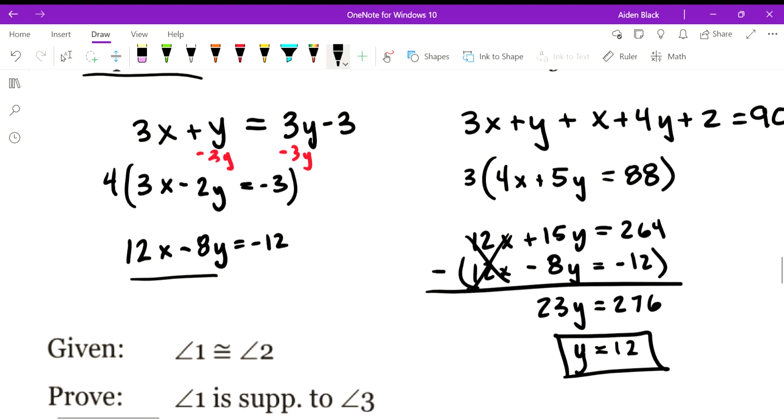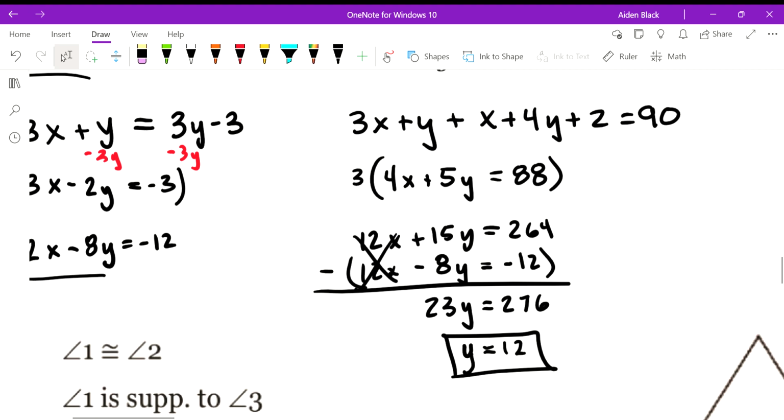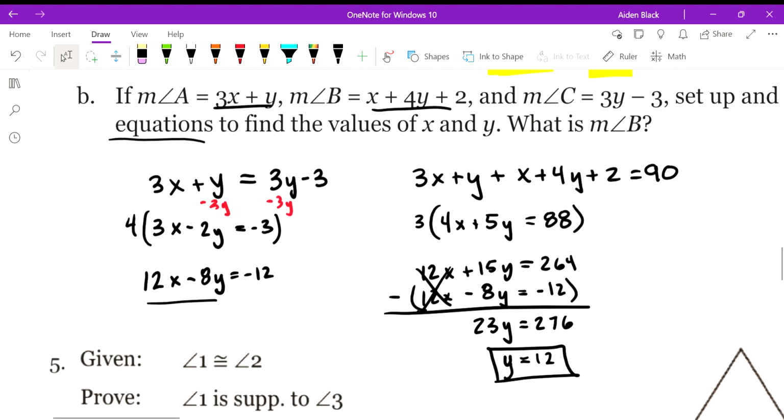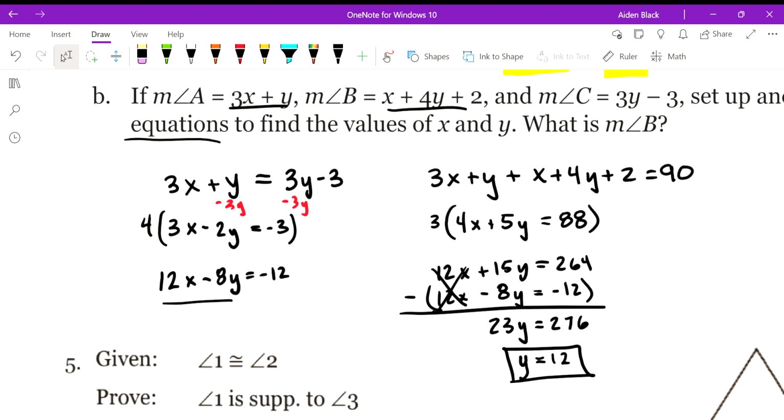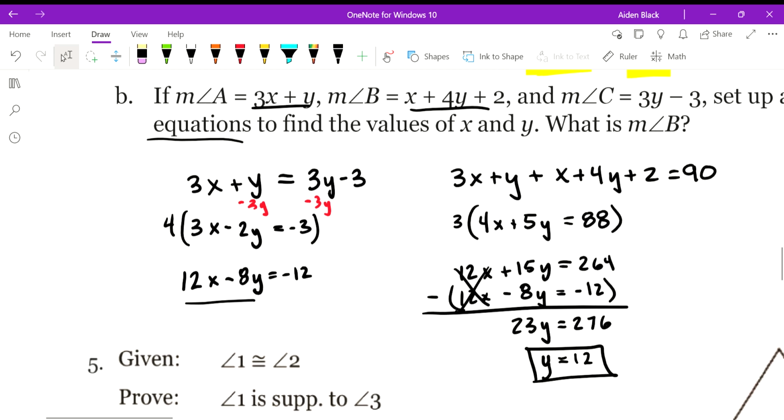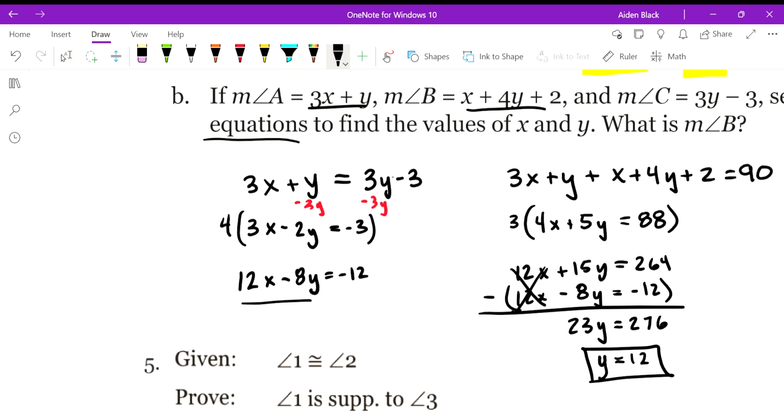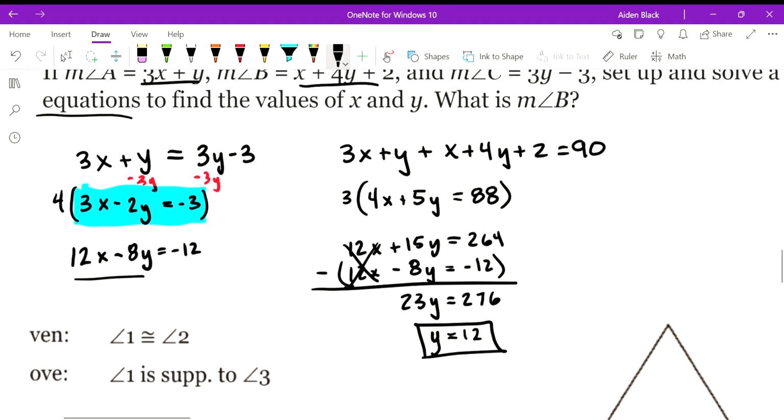Awesome. Now it's quite easy to find the value of x. Since I have the value of y, I can plug it into any of these equations that I'd like. Maybe I'll plug it into this one. This one's probably the simplest one to do. So I'm going to do 3x minus 2 times, well, y equals 12, so I'm just substituting in the value of y for where we have y written in our equation.